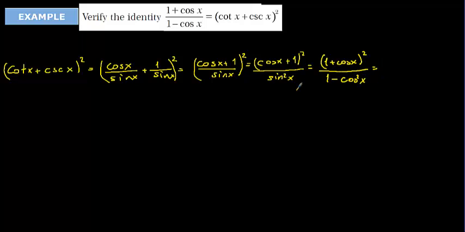And I can factorize 1 minus cosine square x as 1 minus cosine x times 1 plus cosine x. Here it's going to be 1 plus cosine x, pardon, this is 1 plus cosine x. The denominator is 1 plus cosine x times 1 minus cosine x.